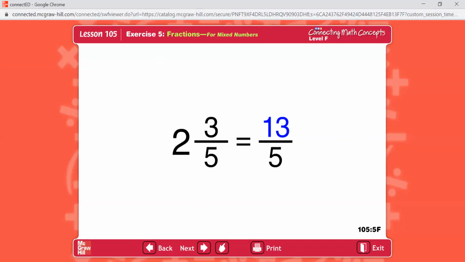Please find part 4 in your textbook. You'll follow the directions for each item and write the new decimal number. I'll go through and read them now. A, 1300ths divided by 100. B, 2 300ths divided by 10.